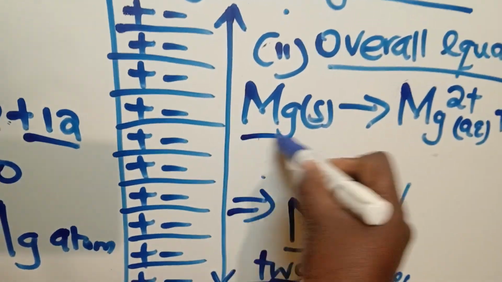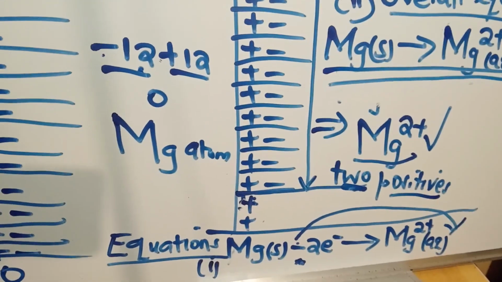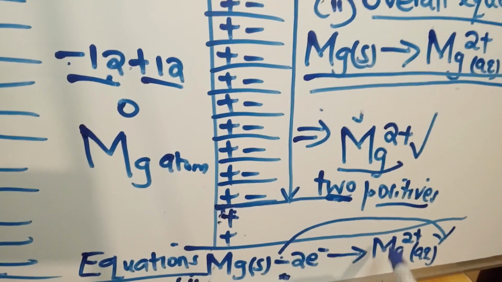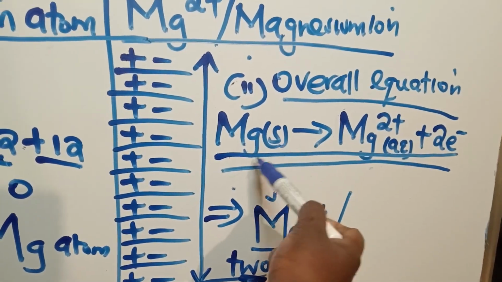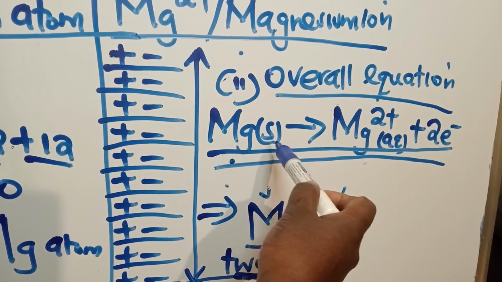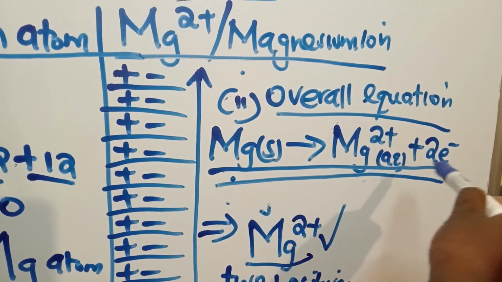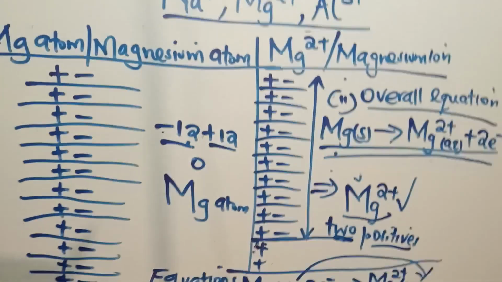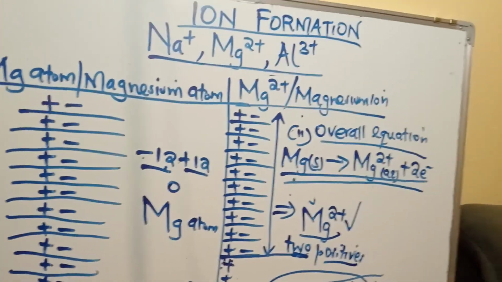So this is the overall equation that you should have, and when you're writing them, you begin with this one, then you show how this negative is going to the other side, so it comes to this side. You see these state symbols, you're not supposed to write them down here. They are supposed to be at the front of the chemical symbol, in a way that if you draw a straight line, nothing will be left down there.